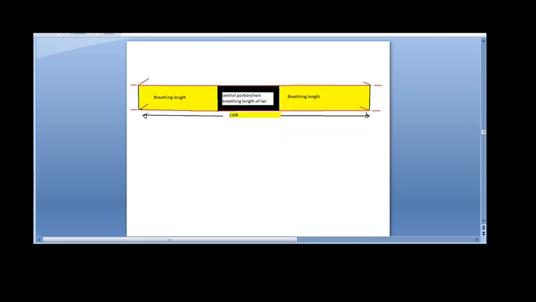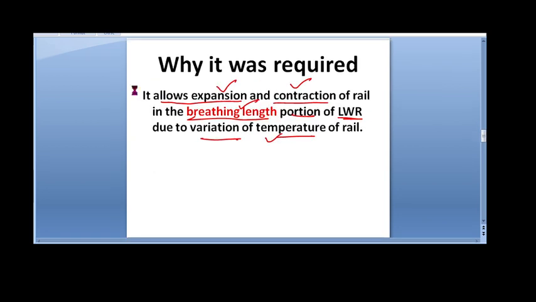If you see this diagram, the entire LWR was divided like this. This is our entire LWR. This portion is called breathing length, this portion is called non-breathing length or central portion, and this portion is again breathing length. Now come to the definition: expansion and contraction of the breathing length portion.